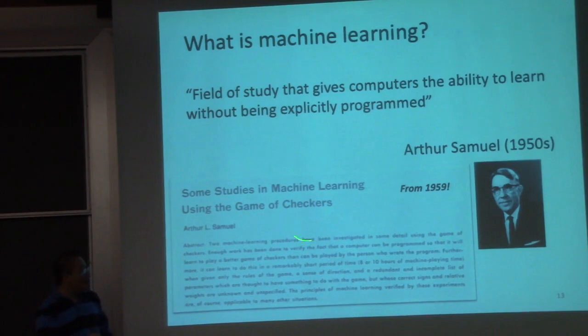He's also one of the earliest researchers who studied machine learning techniques in playing games, but not Go games. Go games were too hard at that time. And he said, machine learning is a field of study that gives computers the ability to learn without being explicitly programmed.